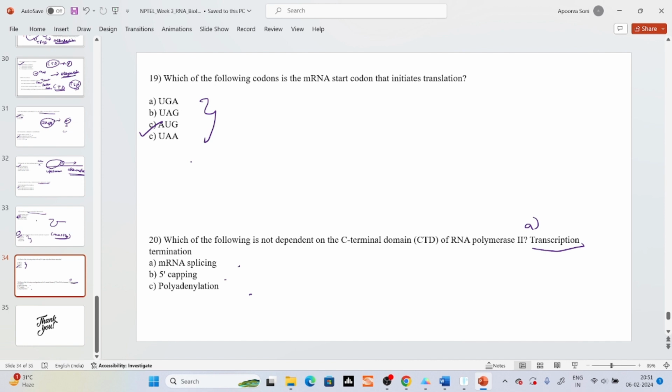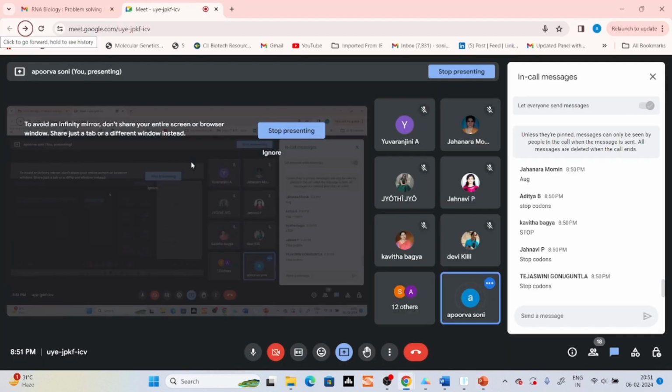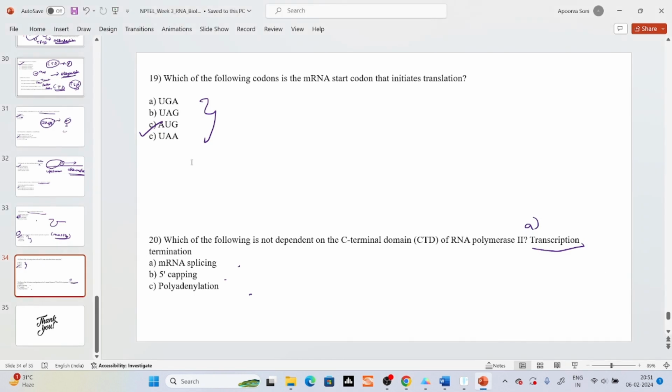A, transcription termination; splicing; capping; polyadenylation. Can you tell me what should be the answer? No? Okay. I'll tell you just one trick. The answer should be A.